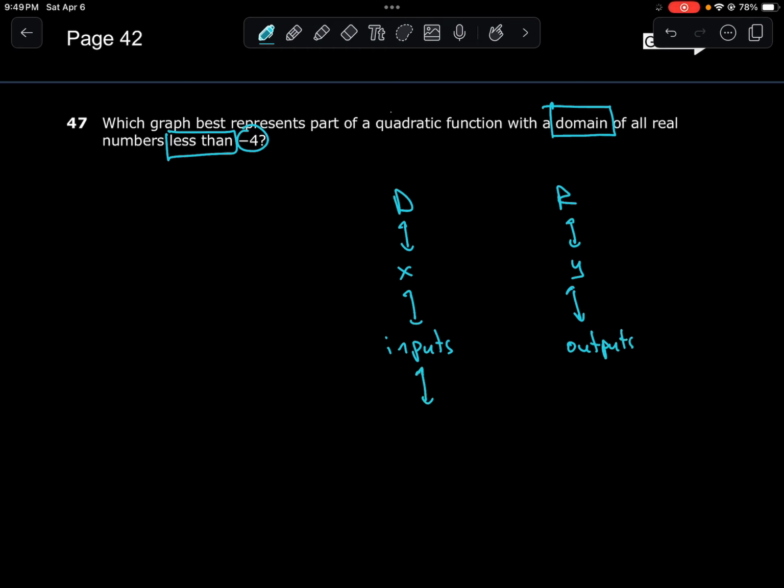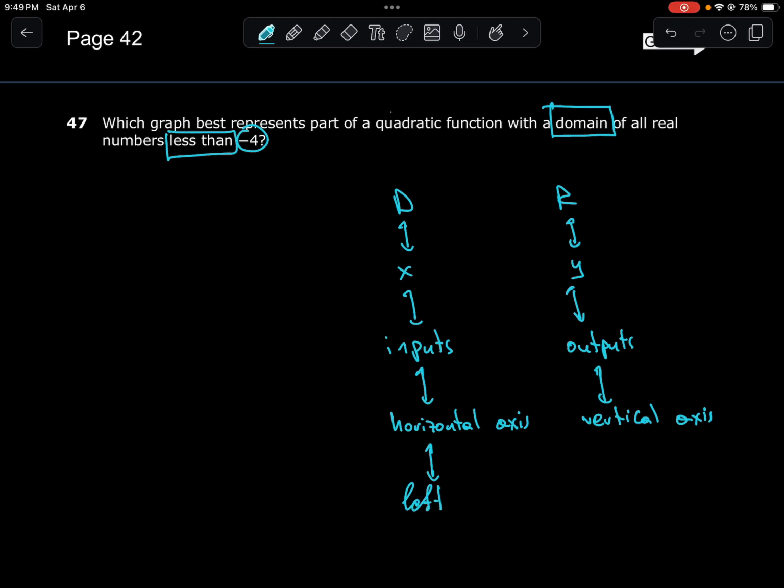Where are the inputs? They are on the horizontal axis. Where are the outputs? On the vertical axis.